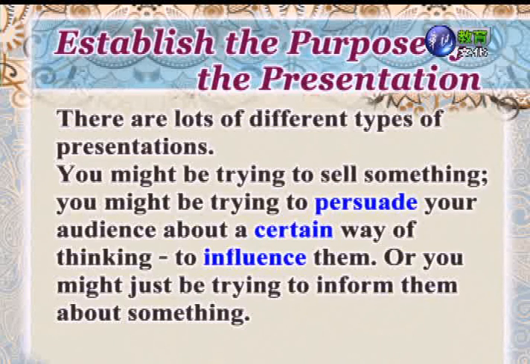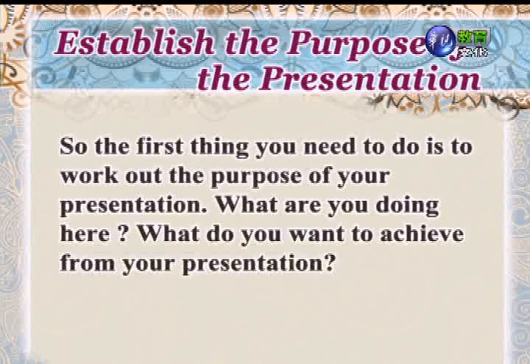presentation. There are lots of different types of presentations. You might be trying to sell something. You might be trying to persuade your audience about a certain way of thinking, to influence them. Or you might just be trying to inform them about something. So the first thing you need to do is to work out the purpose of your presentation.